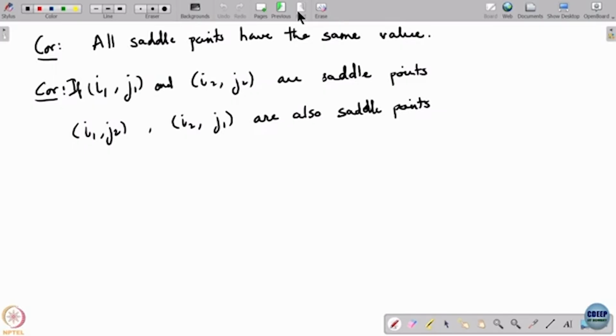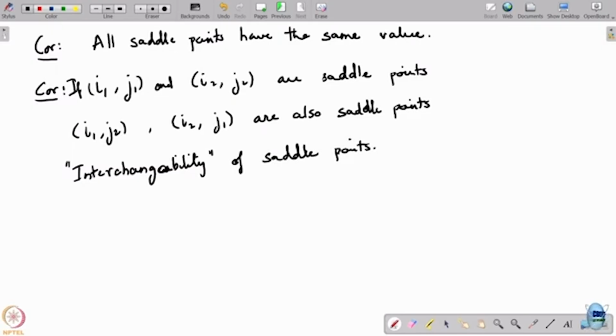This is what is called the interchangeability of saddle points. Remember in the deer rabbit game, deer was a Nash equilibrium, rabbit was a Nash equilibrium, but deer-rabbit is not.